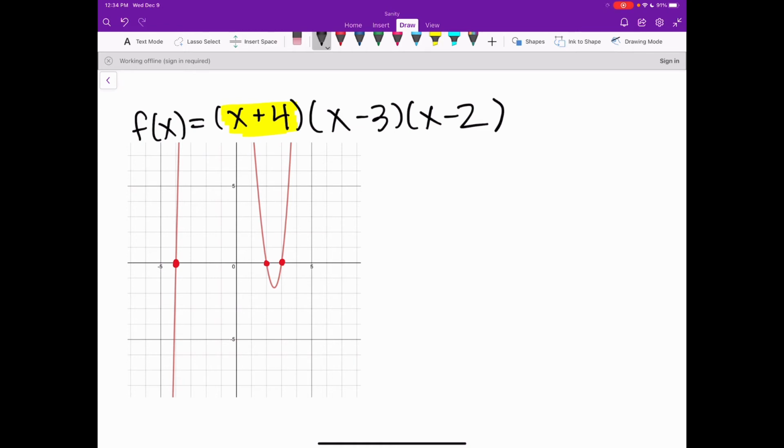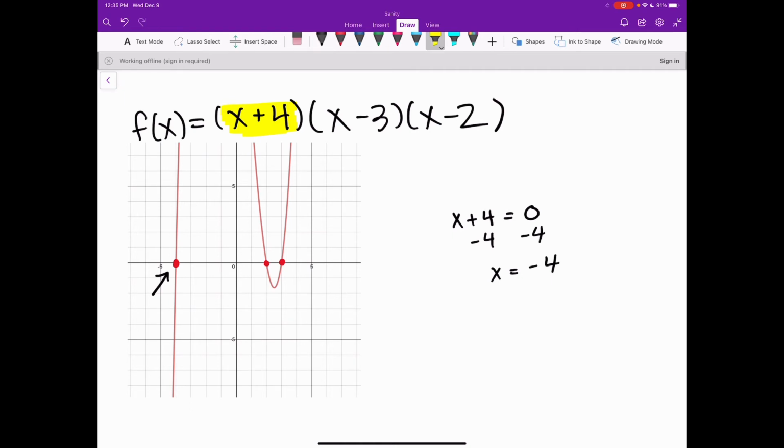The first one is x plus 4. If you wanted to figure out what value of x makes that equal to 0, just set it equal to 0 and solve for x, right? So x equals -4. And we see that that x-intercept definitely is at -4.